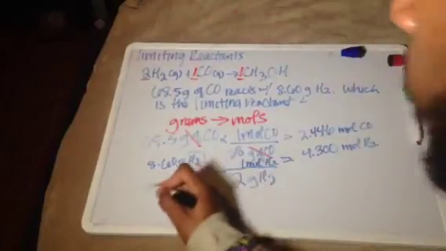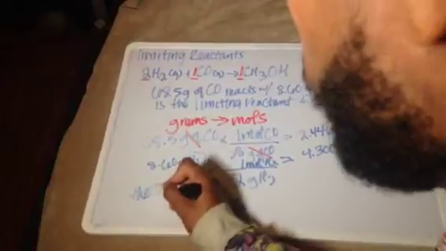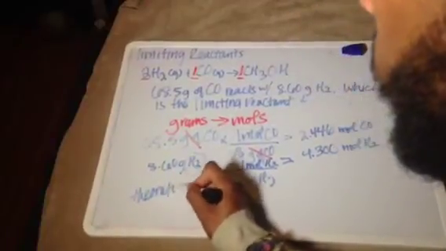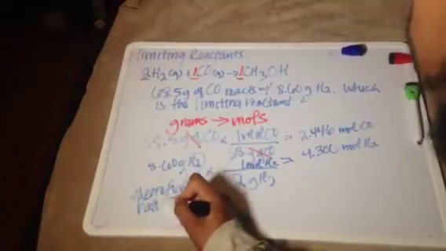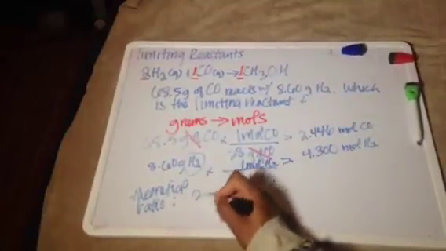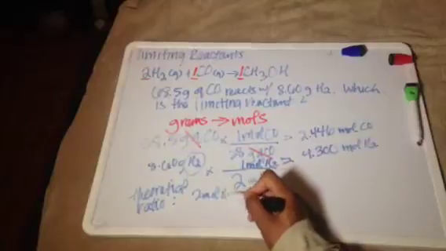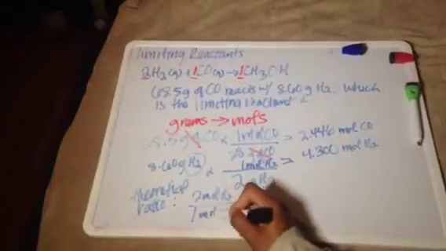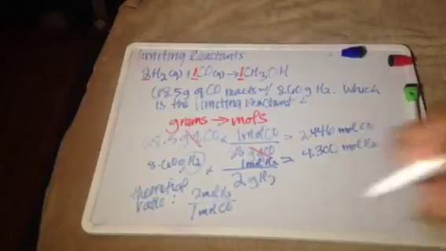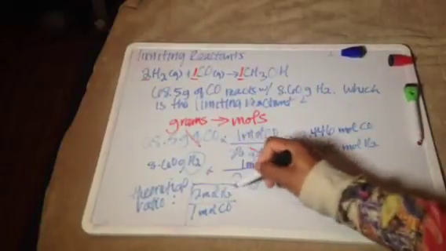So let's set this up, and we're going to call this our theoretical ratio. And so that is 2 mole H2 per 1 mole CO. Okay, and we're going to box that in so as not to confuse you guys with this other jargon over here.